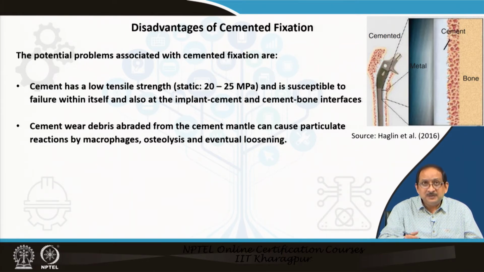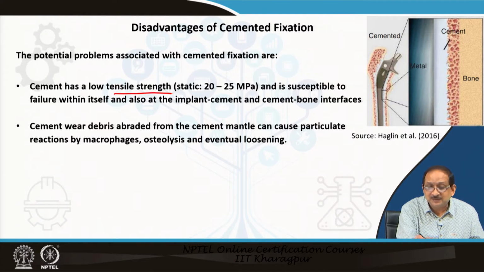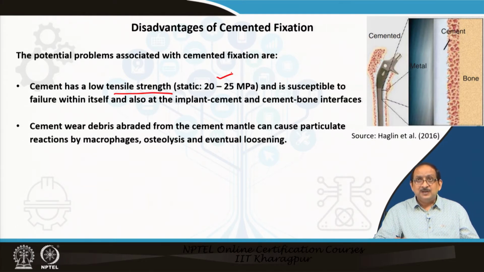Bone cement has a low tensile strength; reported static strength is around 20 to 25 MPa, whereas the fatigue strength for some millions of cycles can come down to 8 to 10 MPa.